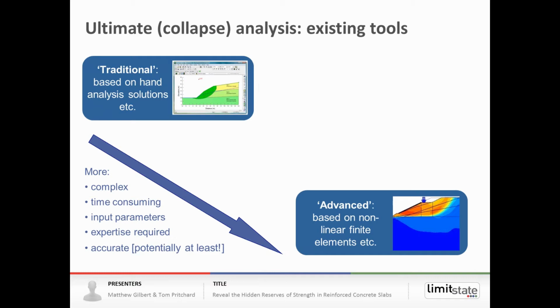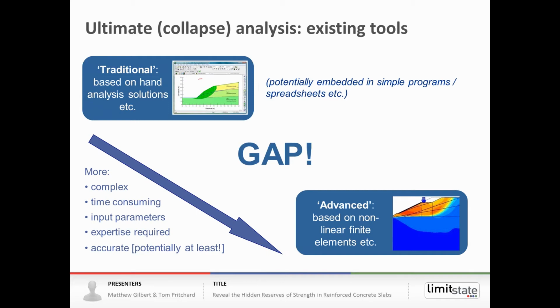And then at the other end of the spectrum, you have methods based on, for example, nonlinear finite elements or discrete elements, and you have a large gap between these two types of tools. The problem with traditional tools is they're very often quite narrow in their range of application, or they make assumptions which you may not be particularly happy with for a given real-world problem.